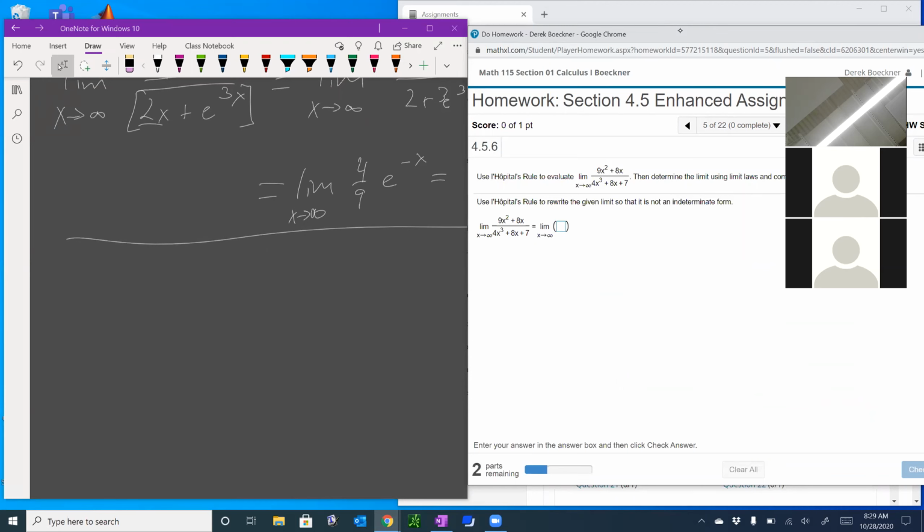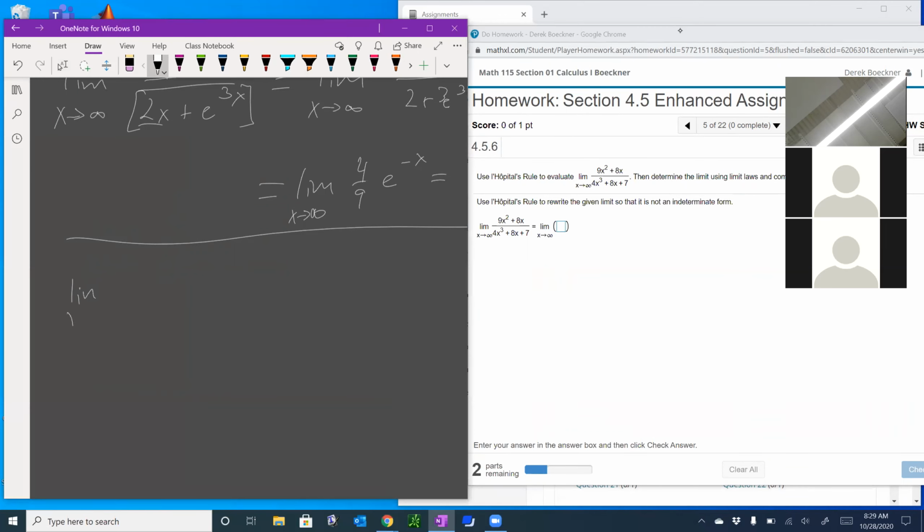Okay, so 9x squared plus 8x over 4x cubed plus 8x plus 7. Okay.